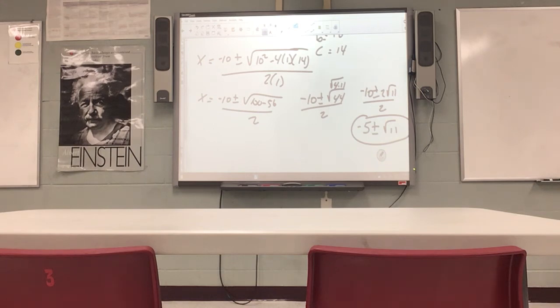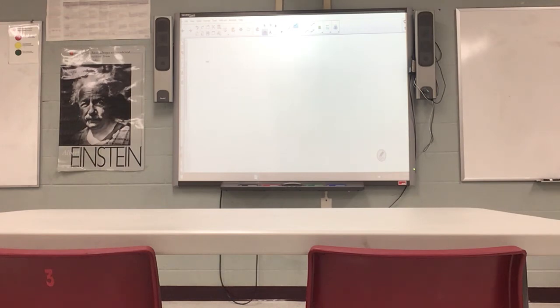Alright, number 19, it's got negative 3x squared plus 7x equals negative 5. So I'm going to have to add the 5 to get it in standard form. So negative 3x squared plus 7x plus 5 is equal to 0.